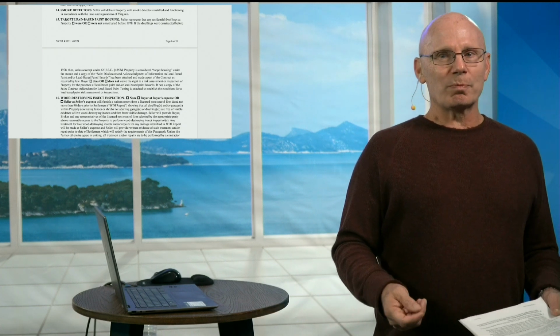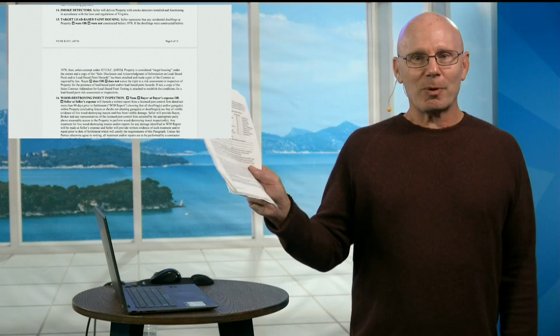Why? Because most properties built prior to 1978 may have the presence of lead-based paint. If you now have a report that says this property has lead in it, the seller has to disclose to every potential buyer that there's lead in the house.